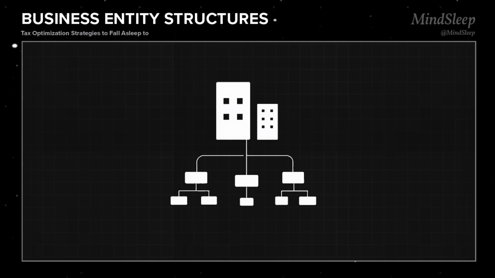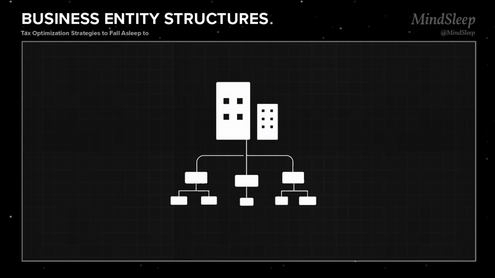Next, we come to the limited liability company, or LLC. This hybrid entity combines the liability protection of a corporation with the tax flexibility of a partnership. By default, single-member LLCs are treated as disregarded entities for tax purposes, while multi-member LLCs are taxed as partnerships.